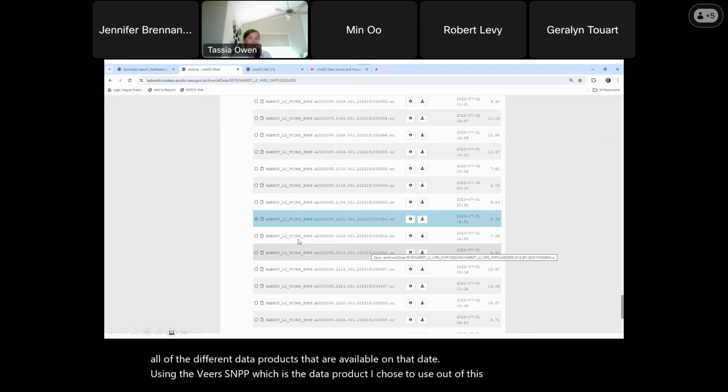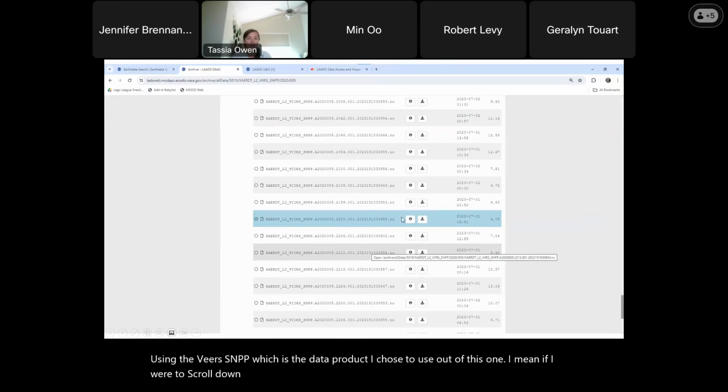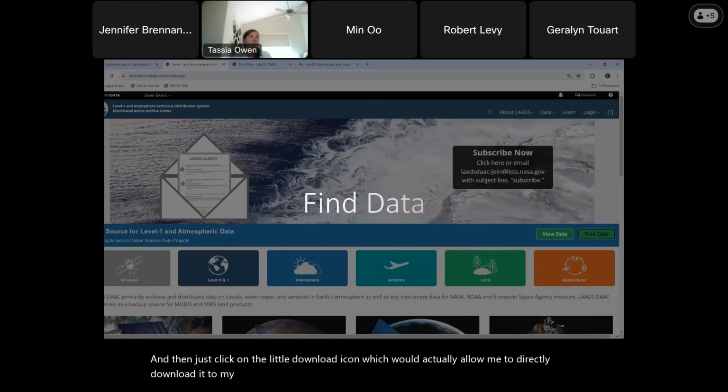And if I were to scroll down, I could highlight either one or multiple data sets that I wanted, and then just click on the little download icon, which would actually allow me to directly download it to my computer. So that is how you would access it on the archive, or the LAADS archive.